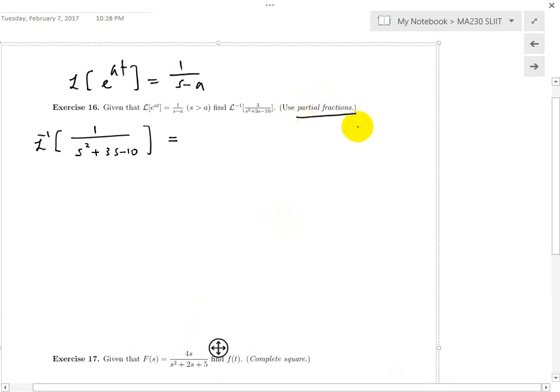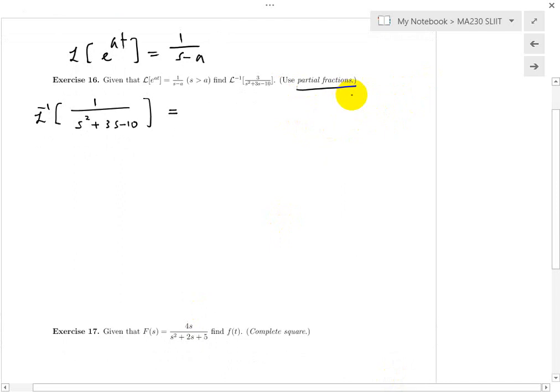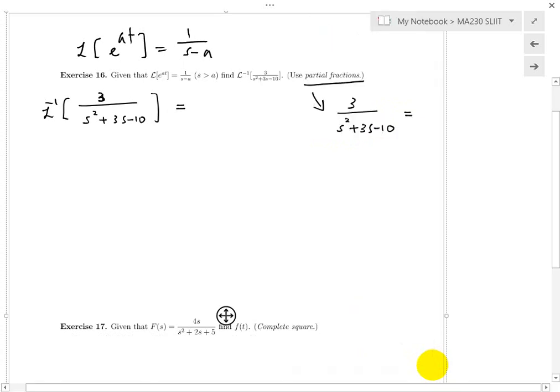If you do partial fractions, sorry, actually here 3 is there, right? Can you do the partial fractions here?